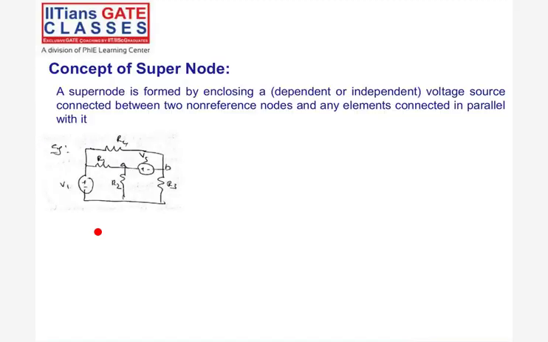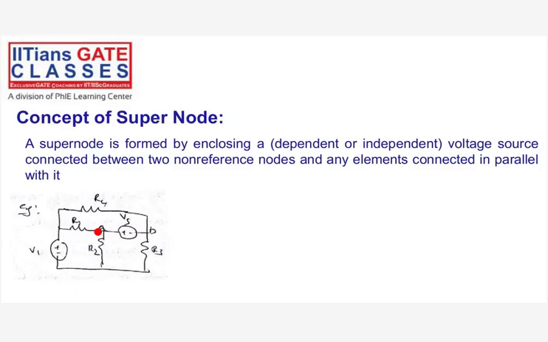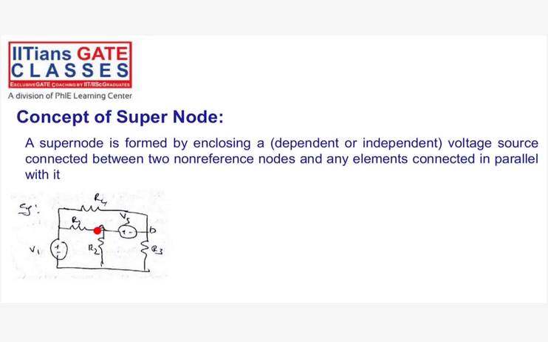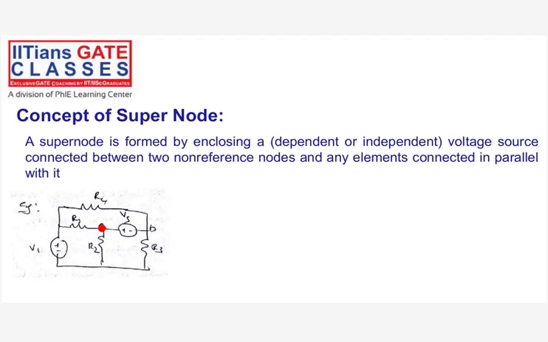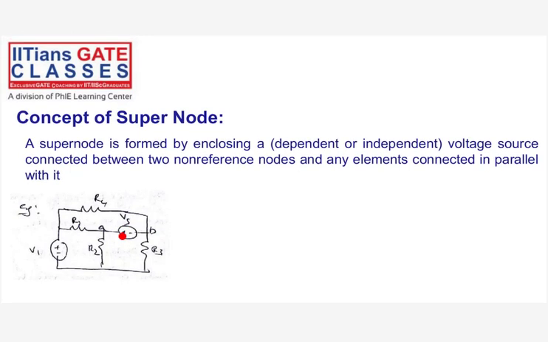Then if there is a resistance in parallel with this, you'll neglect that also while considering the supernode. Okay, I'm writing the supernode equation here. So this is my plus minus, A and B. This is Vs. This is how I'm having the circuit.